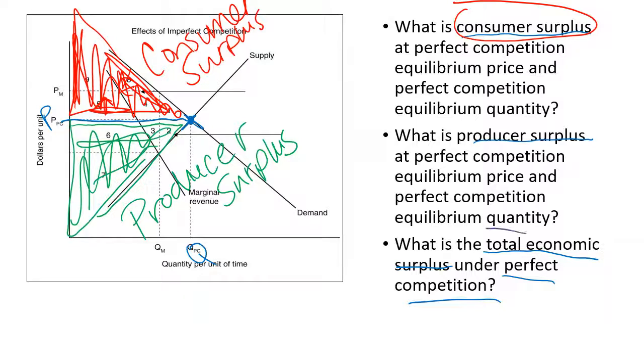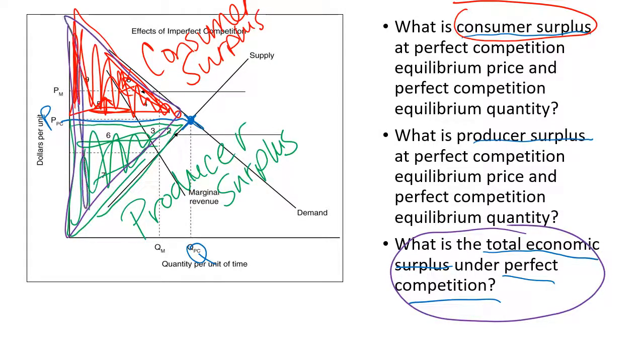And then the total economic surplus is the addition of the area of all of these. So together, the consumer surplus and the producer surplus make up the total economic surplus. The greater the total economic surplus is, the healthier the economy is, and also the more equal the consumer and producer surplus is, the more balanced the economy is as well. So those are just a review of those couple of terms.